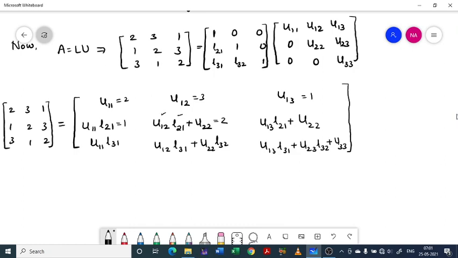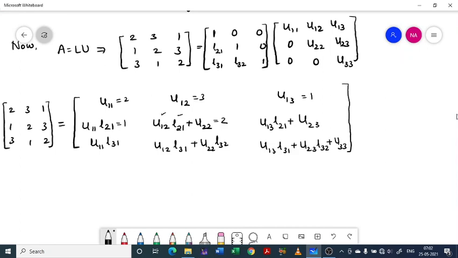Then again use U13 L21 plus U22. You know U13, you know L21. Okay, here some mistake is there. It is not U22, it is U23. This entry comes as a product of these two: U13 L21 plus U23 plus 0.